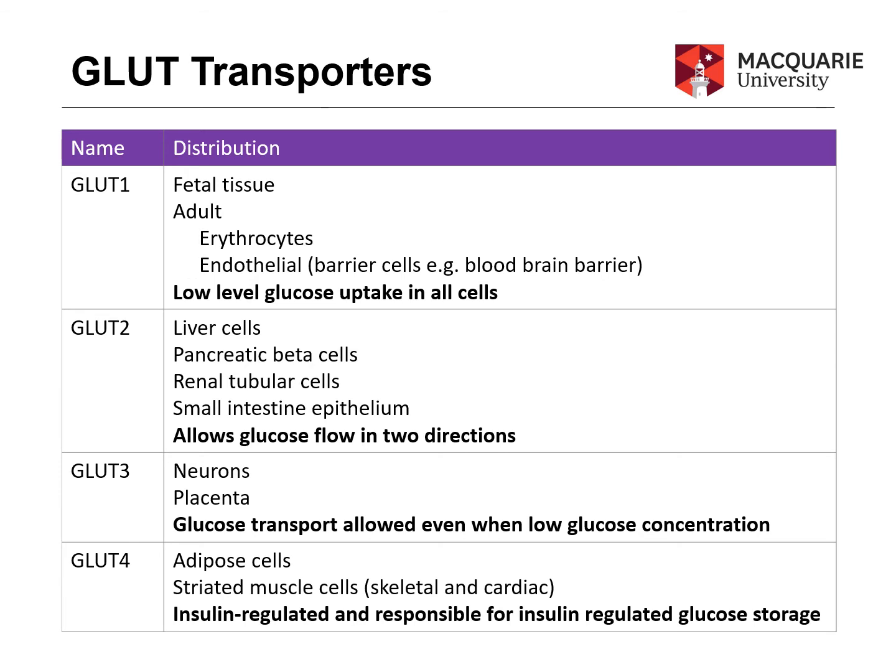So they respond to the amount of blood glucose, and they do that by insulin regulation. So adipose cells and muscle cells only take up glucose when the body is in a state that allows that glucose to be used for muscle energy, for storage in adipose cells and storage in the muscles. So they're highly regulated, and that's done through the GLUT4 transporters.